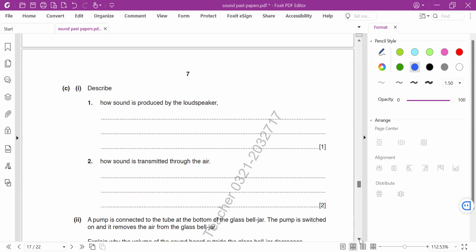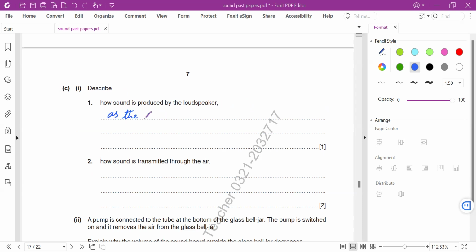Describe how sound is produced by a loudspeaker. There is a paper cone connected in the loudspeaker, and it vibrates. As it vibrates, it also vibrates the air molecules which are in contact with it.